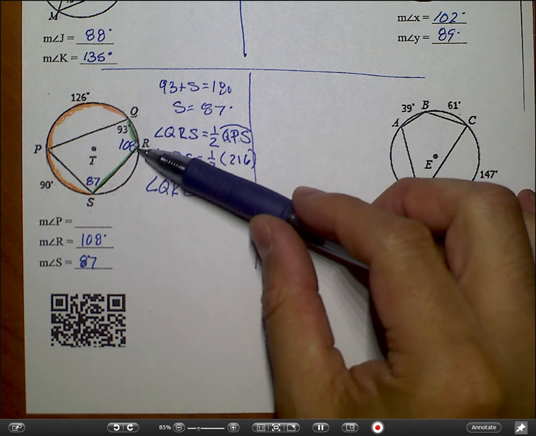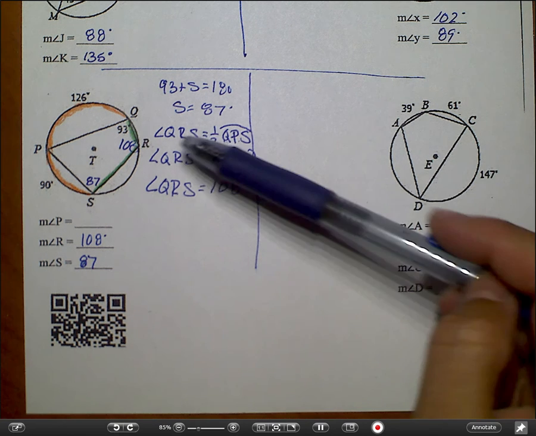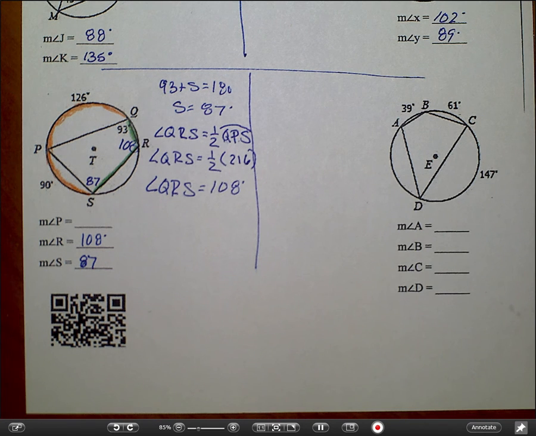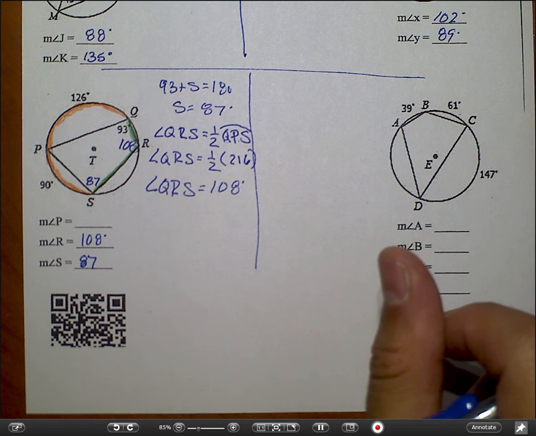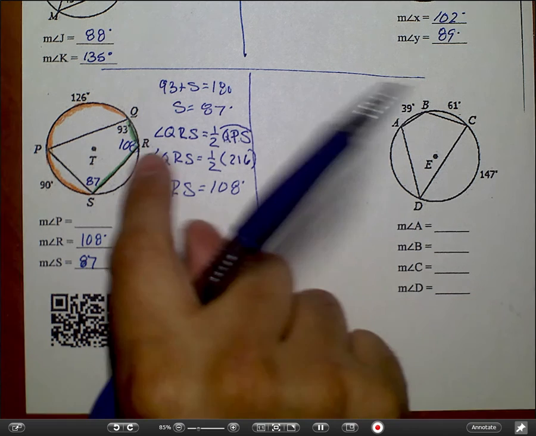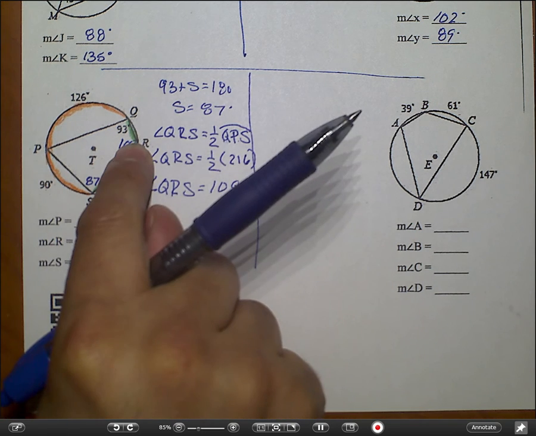Now that we have this one right here, what angle is opposite R? Angle P. What do we know about those two? They equal 180, right? So P and R are opposite, right?